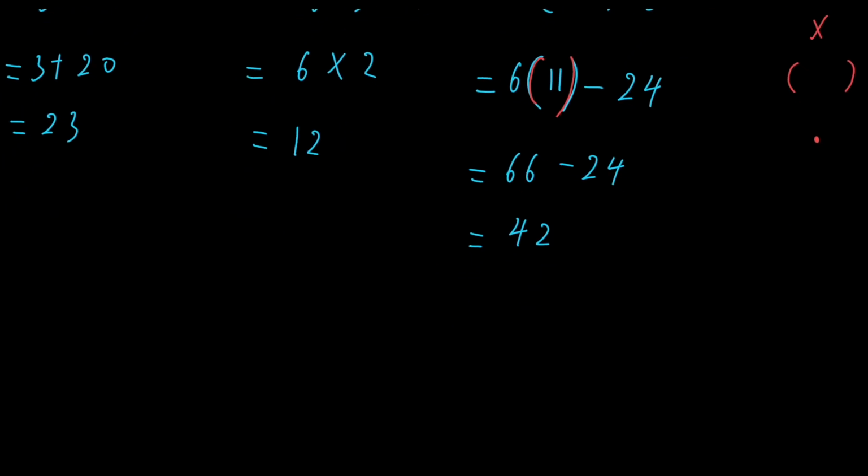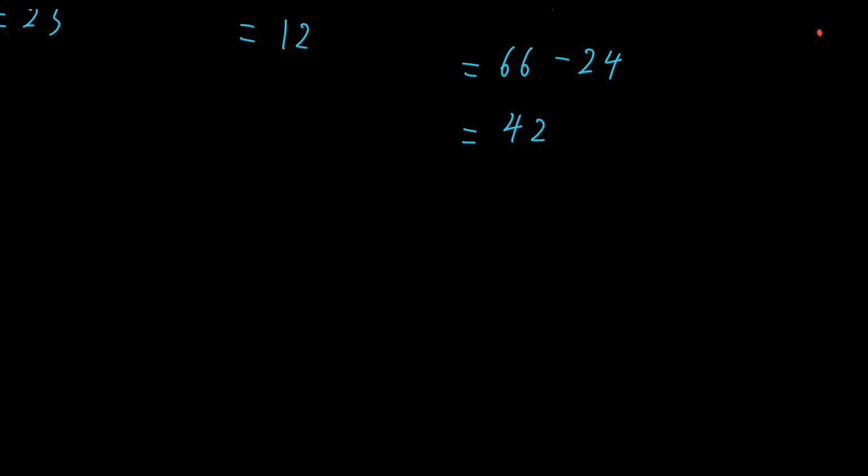Now let's see another example. Let's say 53 plus 15, and here is a bar, and 17 minus 13. This bar means division.